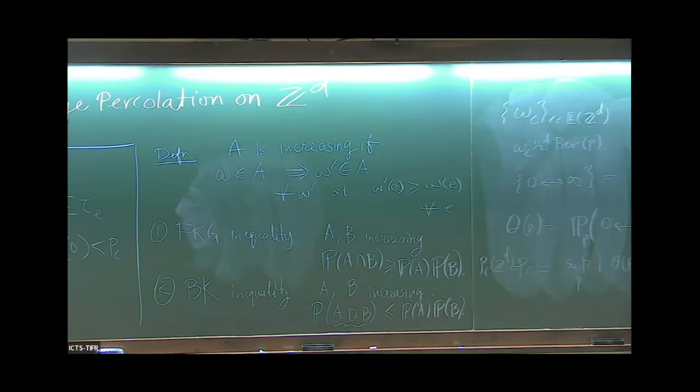So this theorem you can think of as a law of large numbers for the passage time along the direction E1. The shape theorem would be an analog where we are looking at a law of large numbers for the metric ball itself. Let's just state it first and then we'll see.